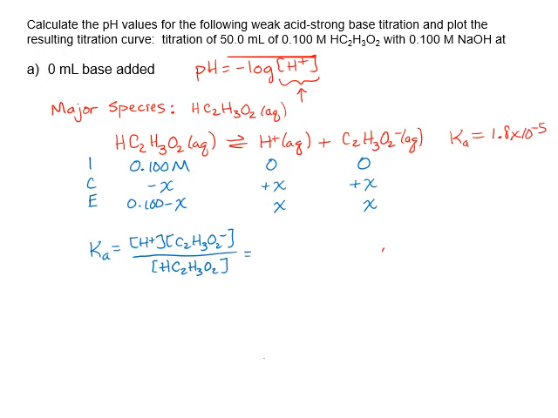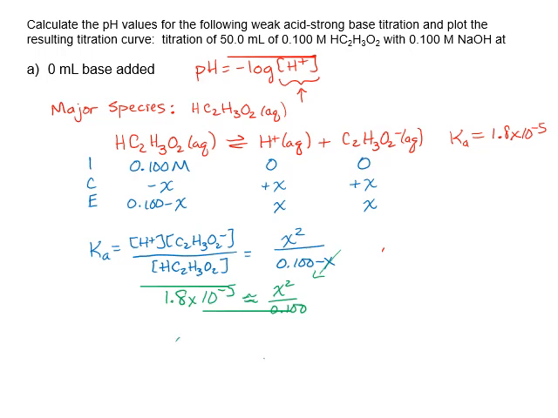And we can put in the values from our ice table. We have X squared over 0.1 minus X. Since our K value is small, it's probably an okay assumption to assume that the X is small relative to 0.1. So we're going to have 1.8 times 10 to the minus 5 is equal to X squared, or approximately equal to X squared over 0.1.